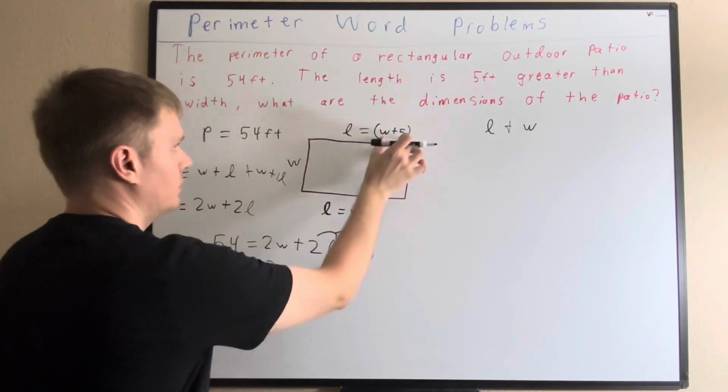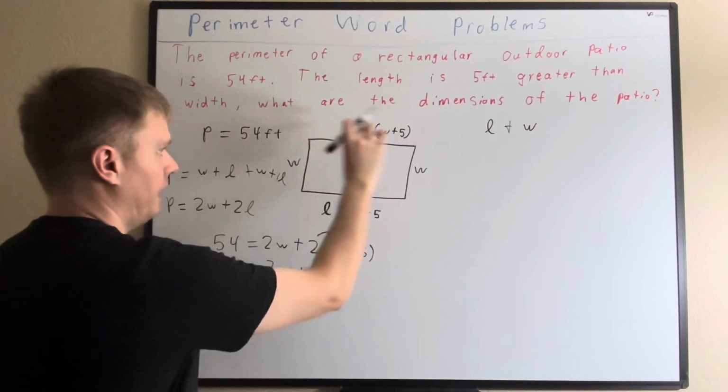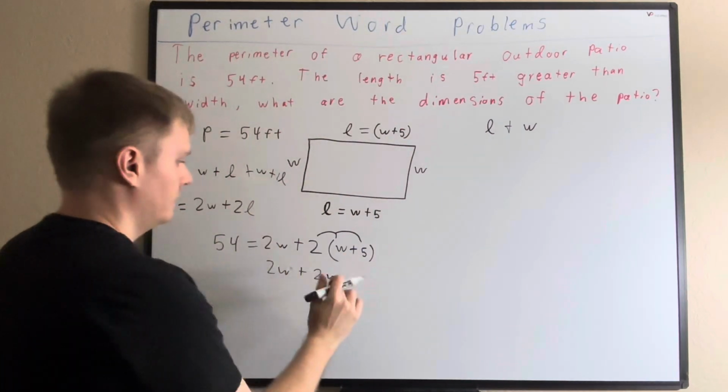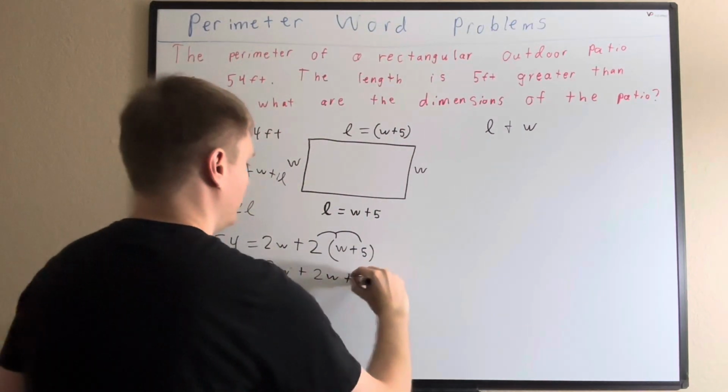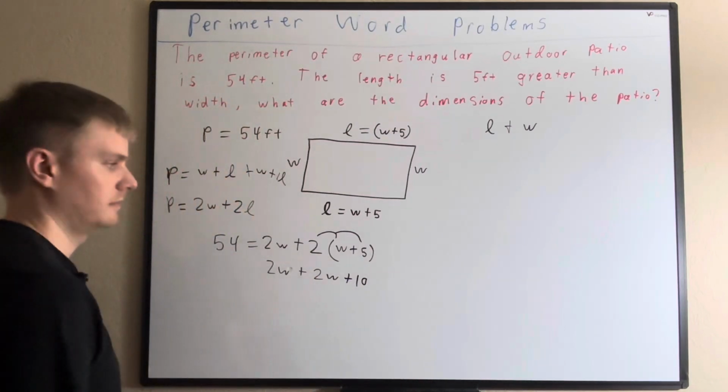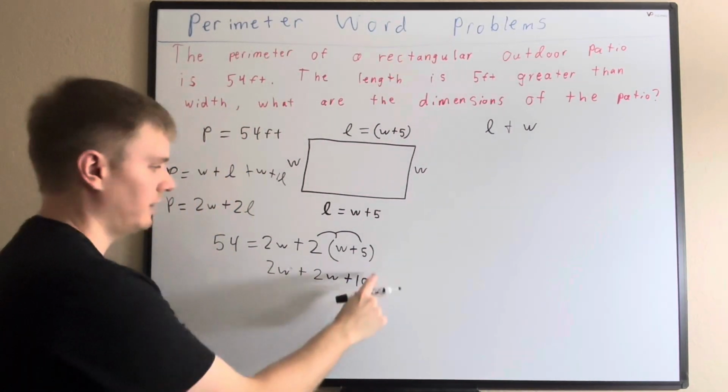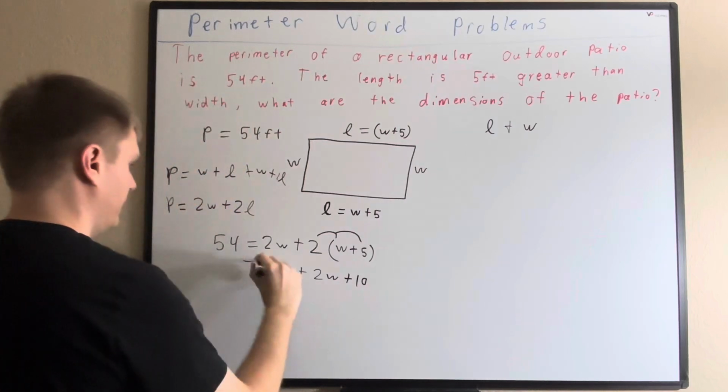We're adding this twice when we're adding all that perimeter together. So that's why you distribute the 2 to the W and to the 5. So 2 times 5 is 10. Right. Okay.